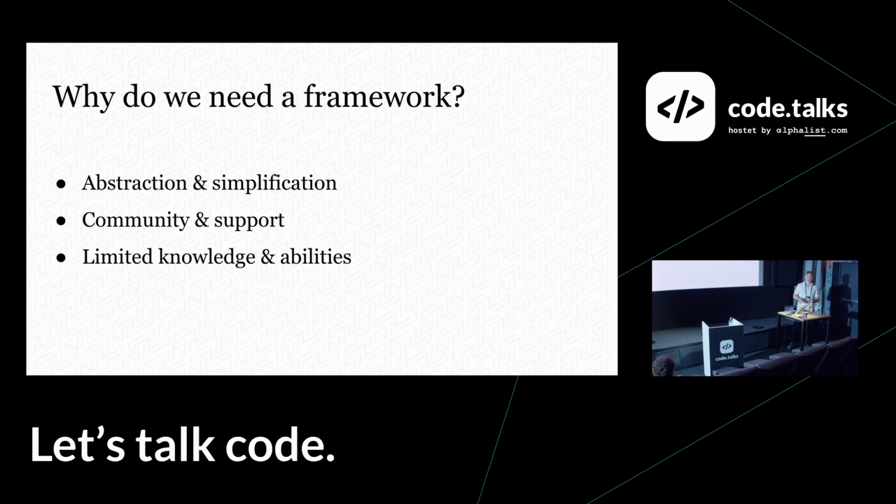What a framework does is give you abstraction and simplification, which in practice means that you are not vendor locked. It's easier to change the provider, and it's easier to stay up to date because the community responsible for the framework is also responsible to keep track of all of the changes, and your code just works.